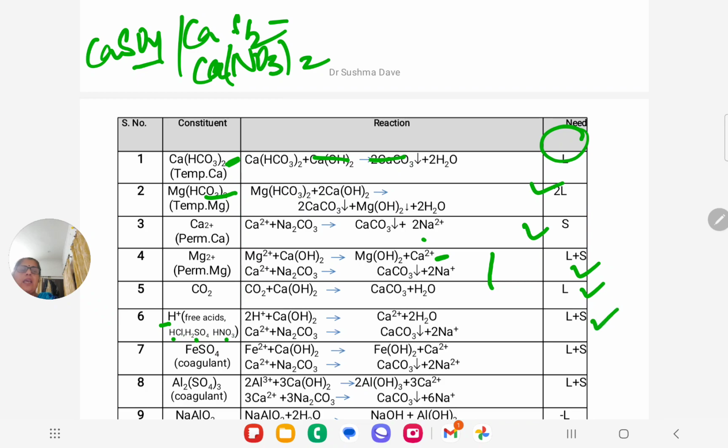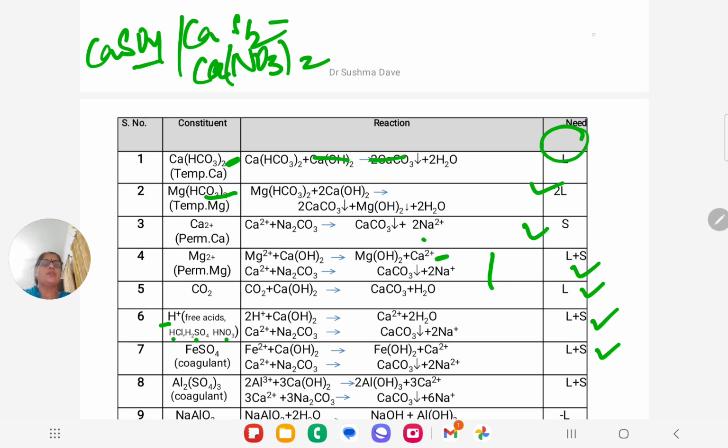Then again L plus S is required, because in the second step we require removal of permanent calcium hardness. Same is the case with ferrous sulfate, which is used as coagulant. Same is the case with aluminum sulfate, which is again used as a coagulant, and we require L plus S.